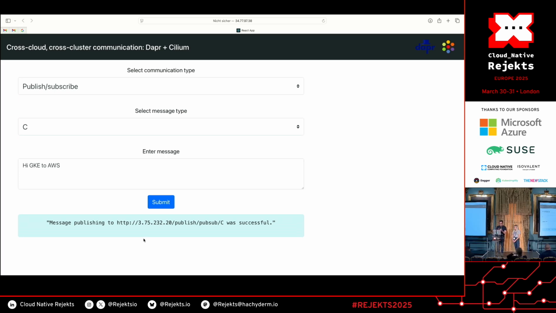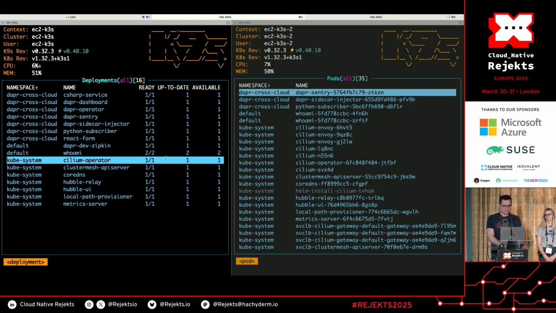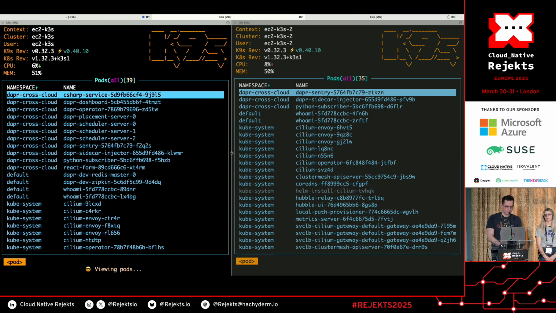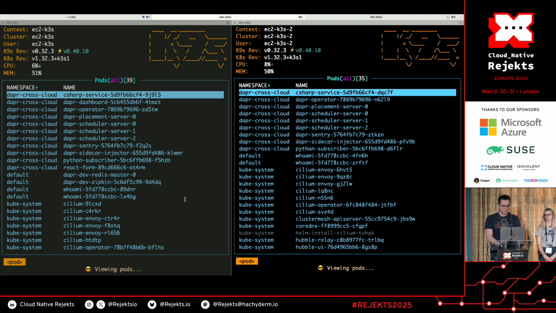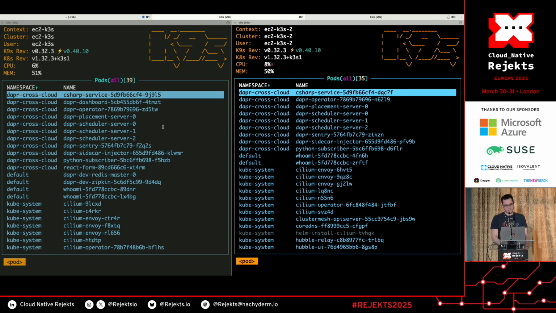All right. But how can we actually prove that what we both said is actually true? There are multiple ways to do that, and I'll try to walk you through it, and hopefully it will make sense eventually. So this is K9S. I'm pretty sure you all know it. On the left side, there is the one cluster in AWS. On the right side, there's the second cluster in AWS.